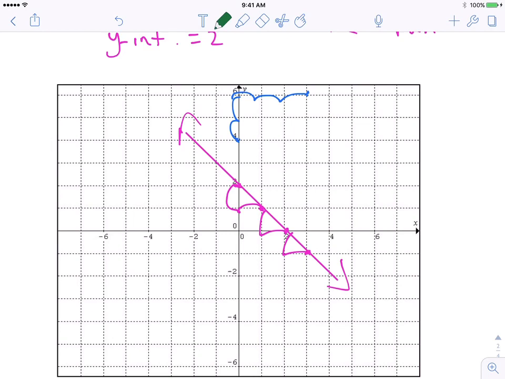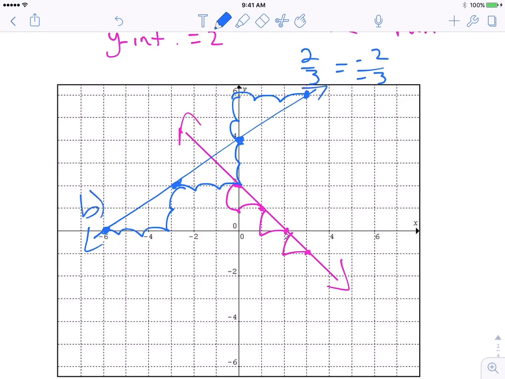So although we've gone up 2, right 3, we can also go down 2 and left 3. And you'll notice we still have these points right here for our line. So that's B, and this one is A, just so we understand which line is which.